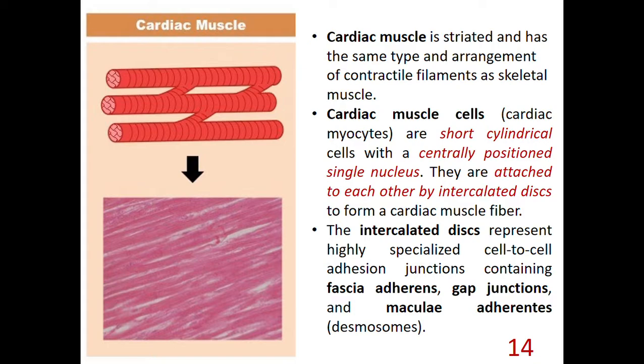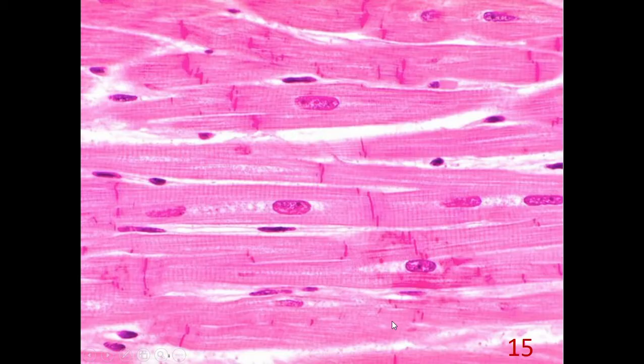And also, the most important difference for cardiac muscle is the intercalated discs. Each fiber is connected by intercalated discs or discus intercalaris. The intercalated discs represent highly specialized cell-to-cell adhesion junctions containing fascia adherens, gap junctions, and desmosomes.